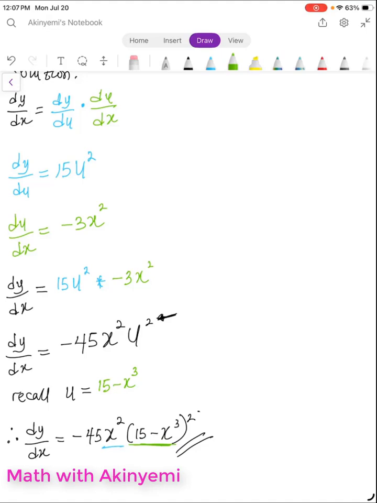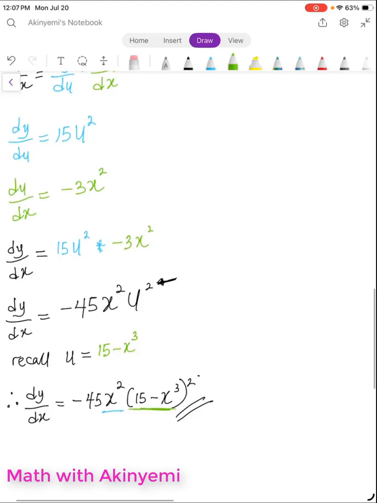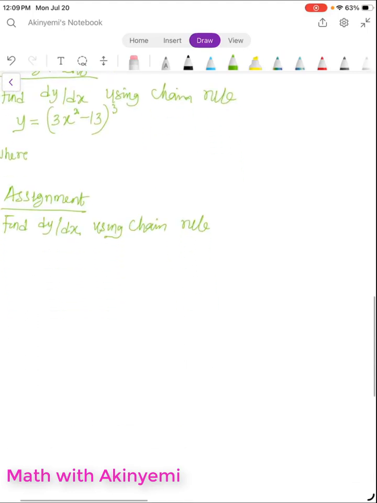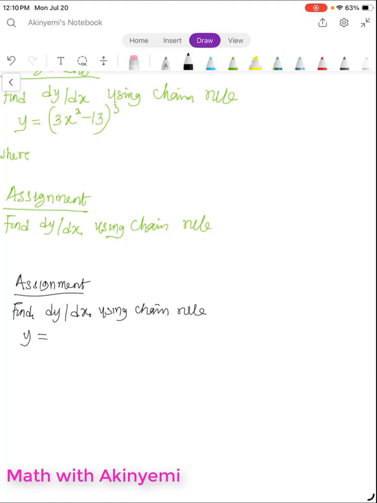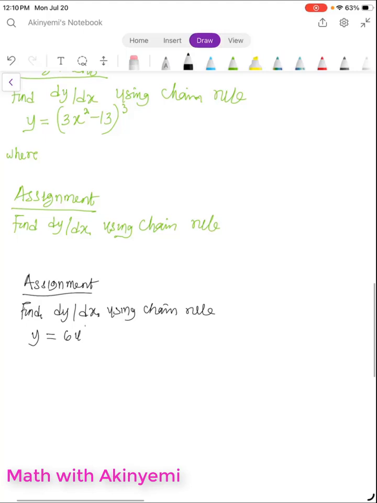So it's going to be a mixture of using this long method and a shorter way of doing it. Okay, so let's do this as our assignment.